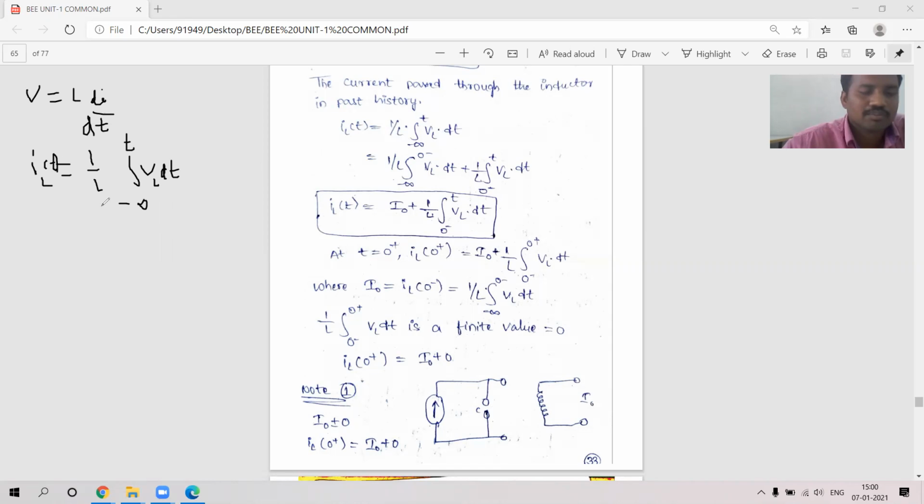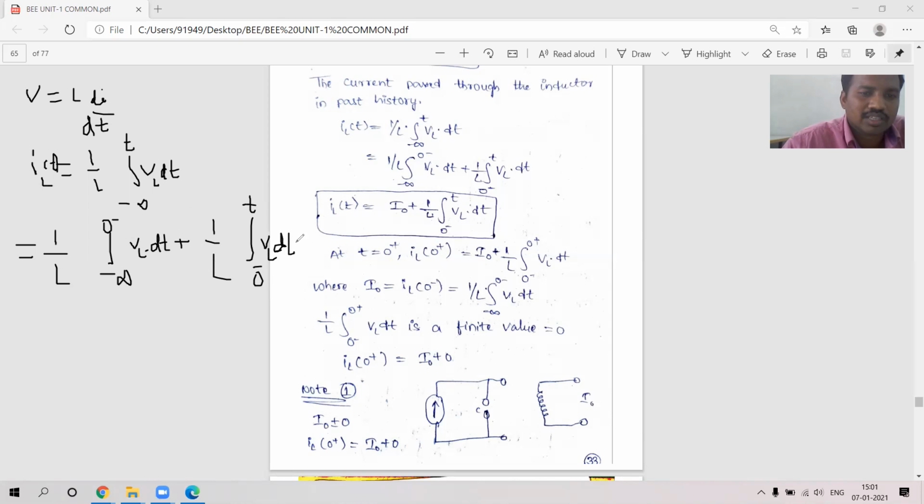Based on that, I can divide this time interval into two parts: minus infinity to 0 minus, plus 1 by L integral 0 minus to t VL dt.